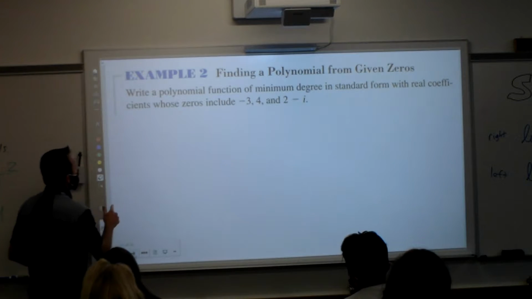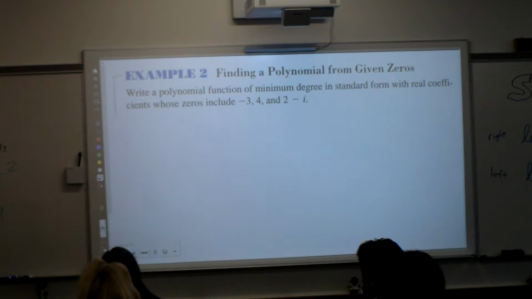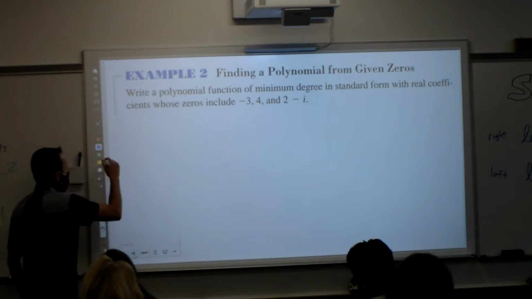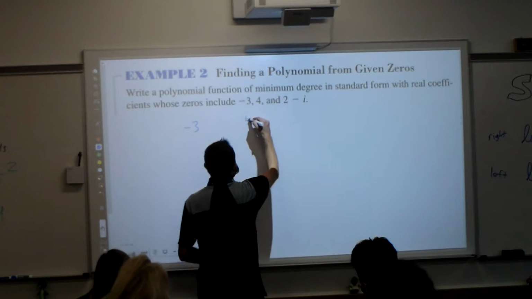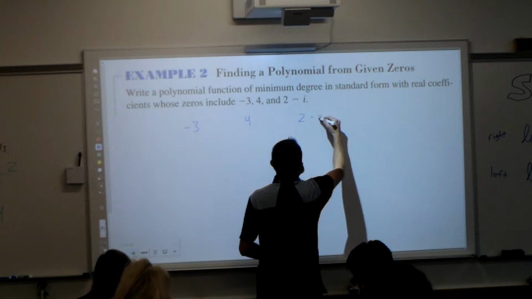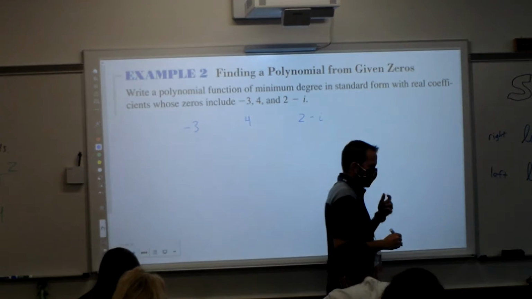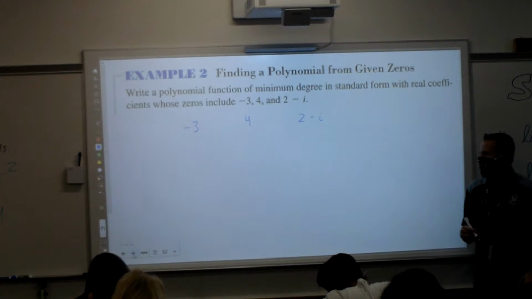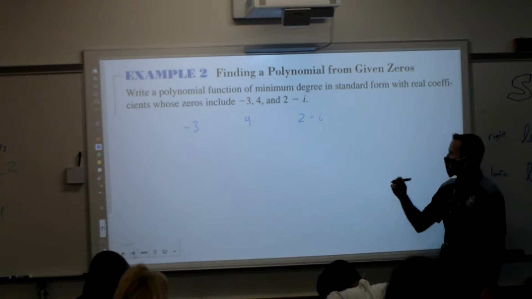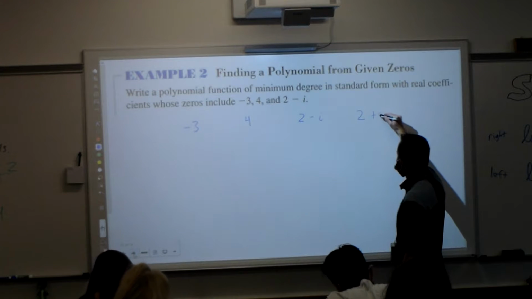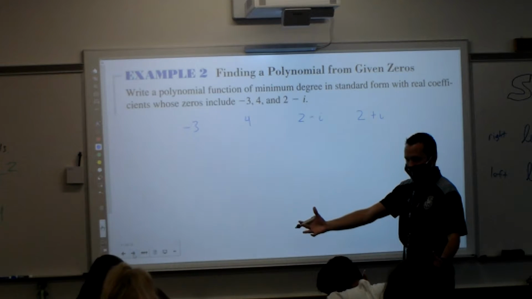Alright, so instructions here. Write a polynomial function of minimum degree in standard form with real coefficients whose zeros include... just learned, if 2 minus i is a root, what else is going to be a root? 2 plus i, because they come in pairs.